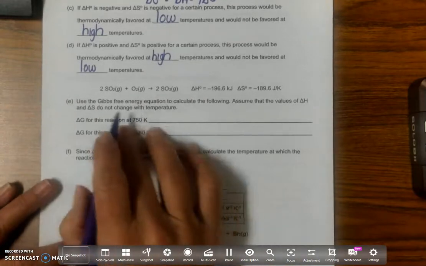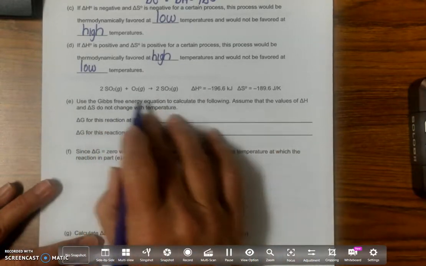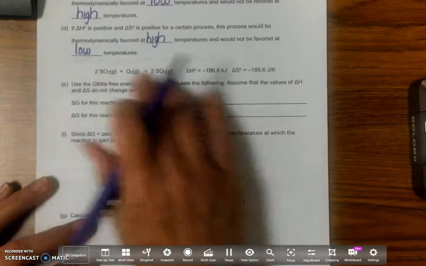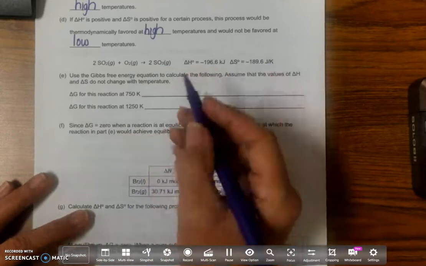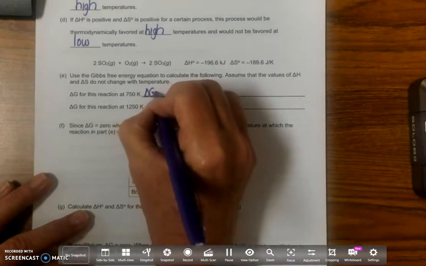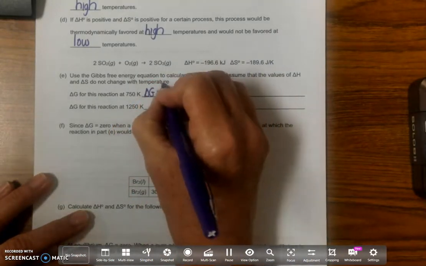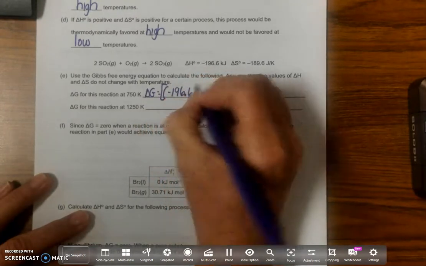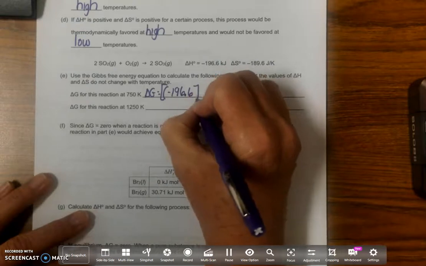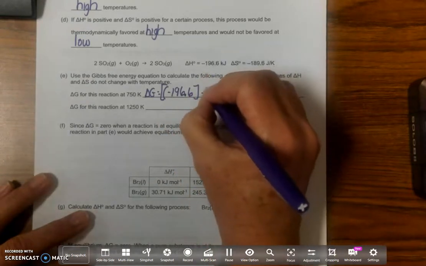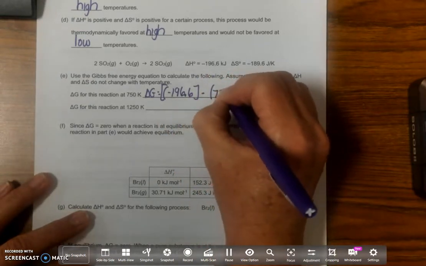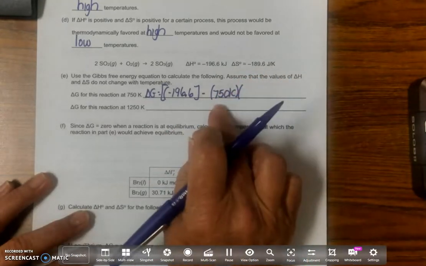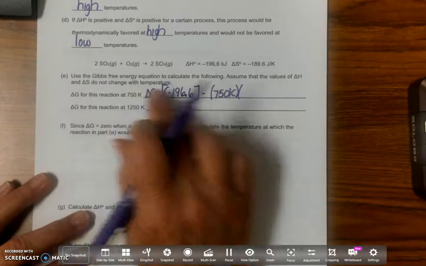Now, the Gibbs free energy, let's use this equation to do a calculation. Here's my reaction. Here are my two values. The delta G for this one is going to be negative 196.6 minus 750 K times the delta S. Remember that your temperature must be in K. You need to watch for that.